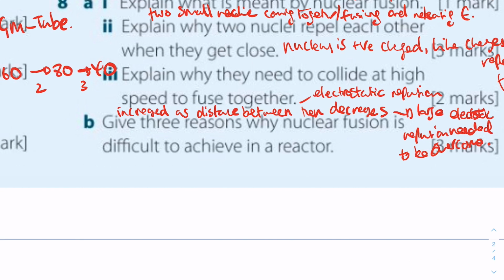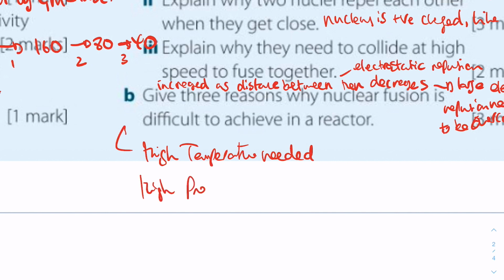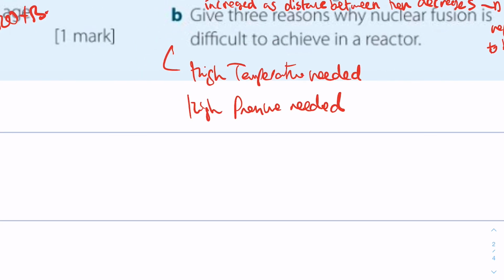Give three reasons why nuclear fusion is difficult to achieve in a reactor. So high temperature needed, high pressure needed. Technically, the protons that you're fusing make a plasma which needs to be suspended by a magnetic field.